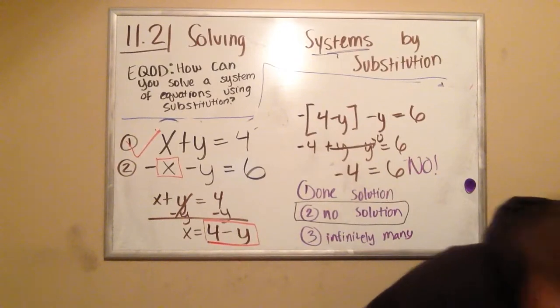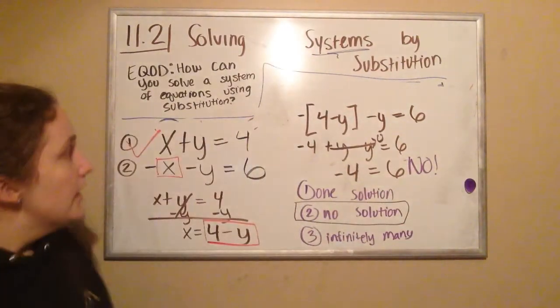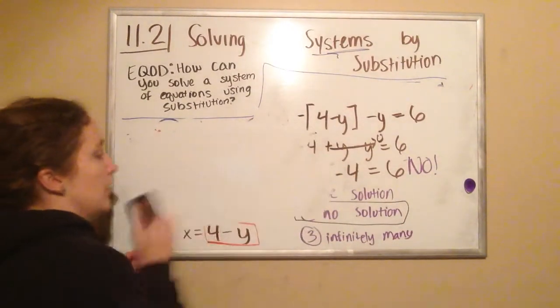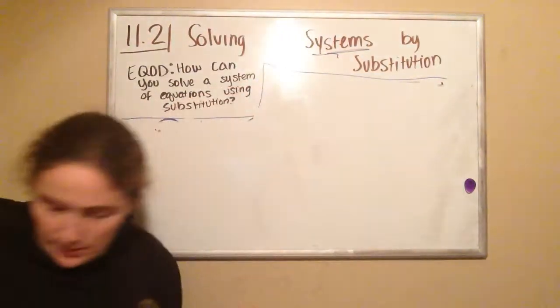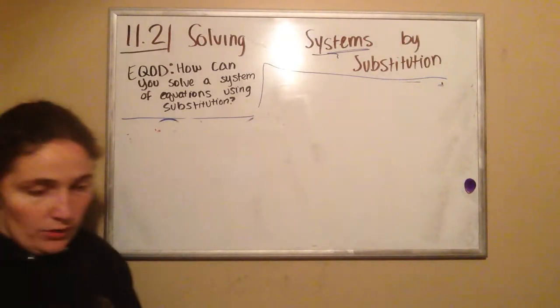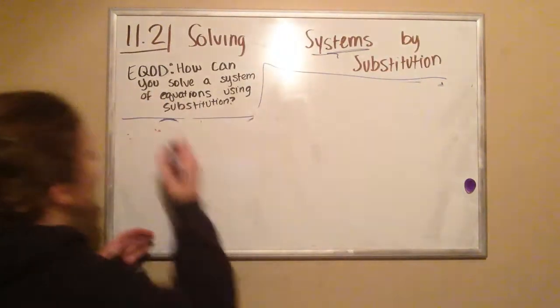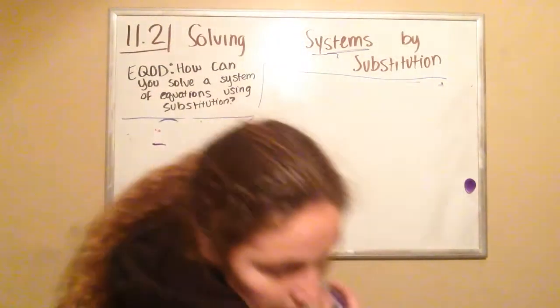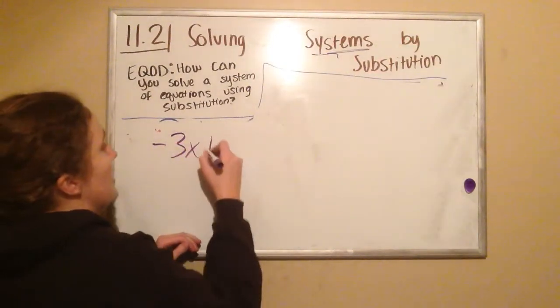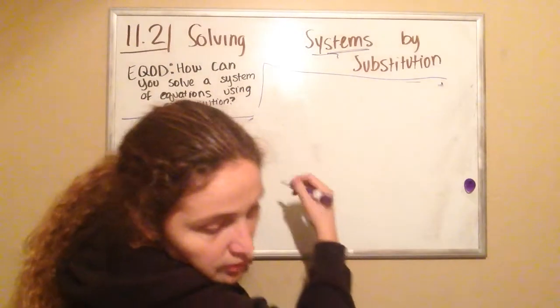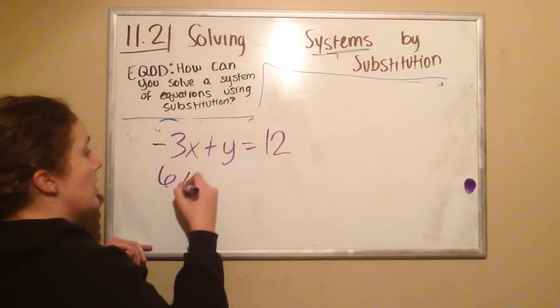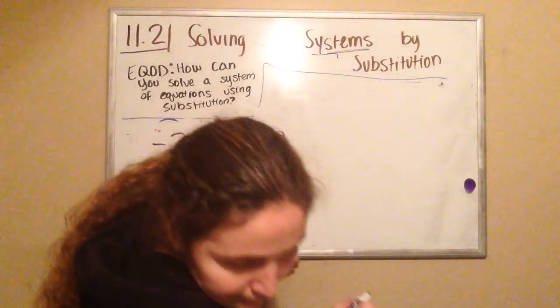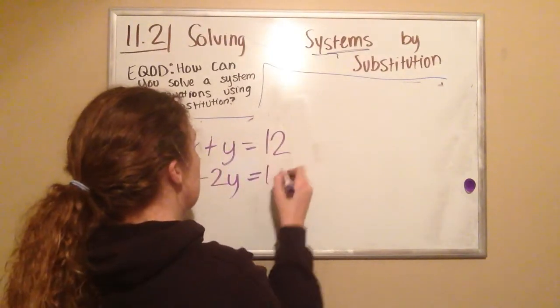Let's do one on your left-hand side, and then one more for me, and we'll be done. We'll make them quick, too. So left-hand side one. Negative 3x plus y equals 12. 6x minus 2y equals 18.